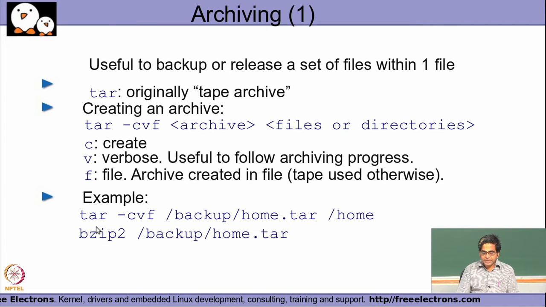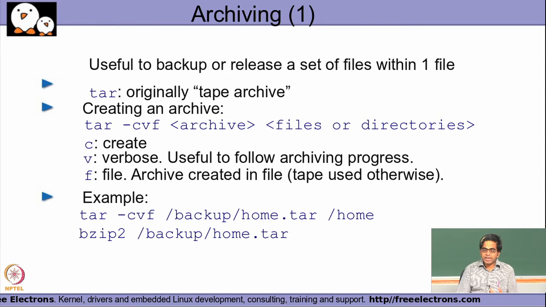So I run the bzip2 command and give the tar file name as the file to be compressed, right. At the end of it, if bzip2 is successful without any errors, what I will end up getting is a file called home.tar.bz2 in the /backup directory, right.